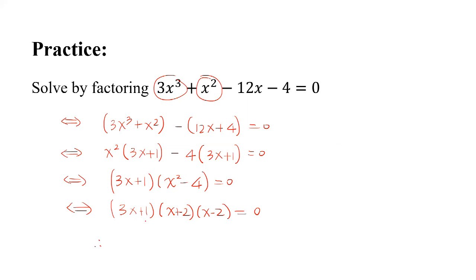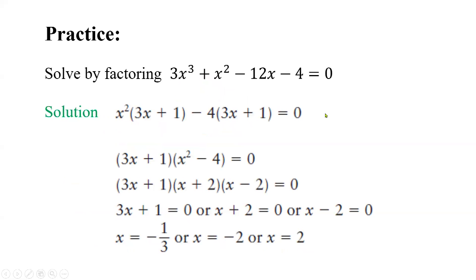So the solution of this equation is x equals minus 1/3, or x equals minus 2, or x equals positive 2, right? So as you can see here, the reason why we learn factoring first is that this is a very useful technique to solve an equation like this, right?